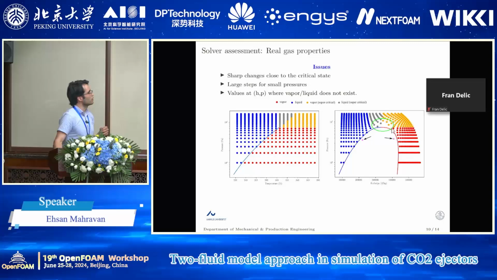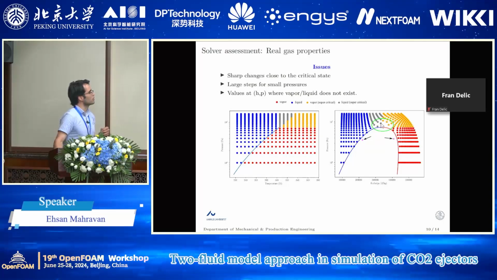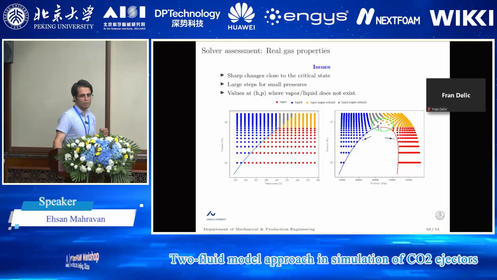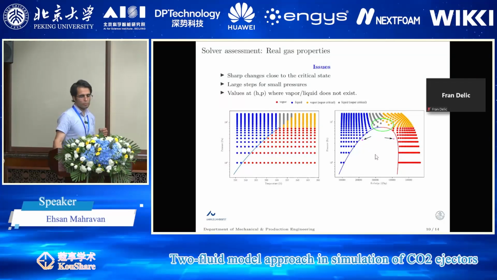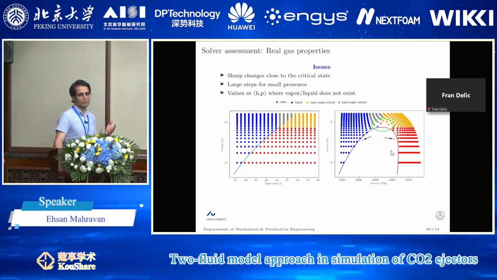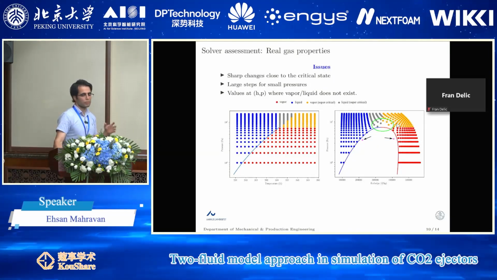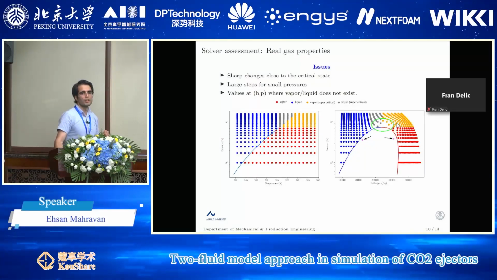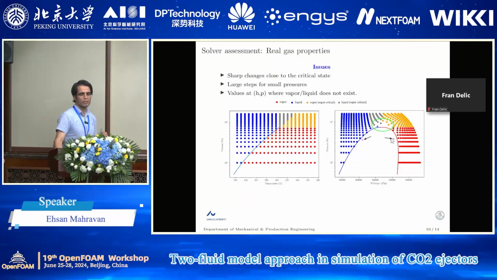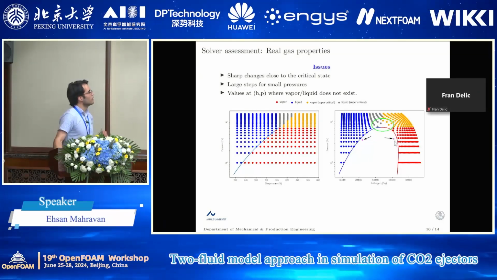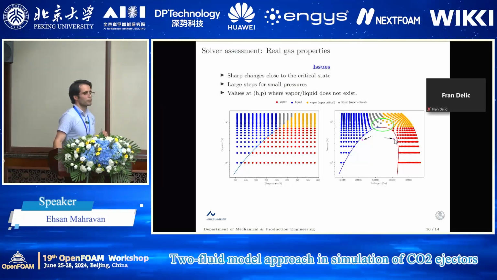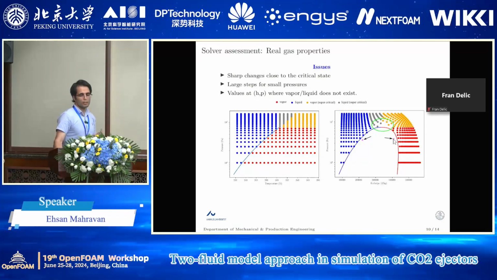So no matter how much you refine, you will see that here the accuracy is pretty low. And there is another problem. What OpenFOAM solves is pressure and enthalpy. There is no guarantee that this enthalpy falls, for example, if we are calculating gas properties, in this region. It may fall somewhere that nothing is defined. And then we have a big problem. And OpenFOAM cannot handle it. We need to code it ourselves.